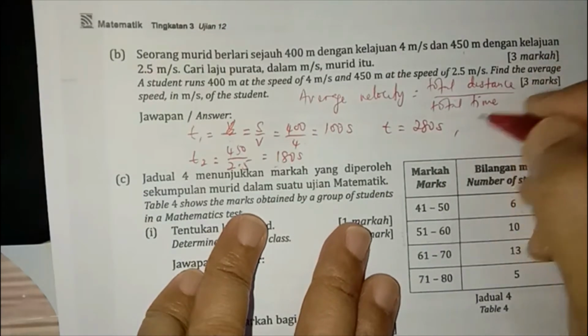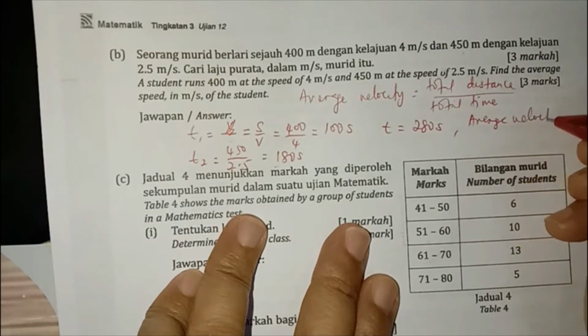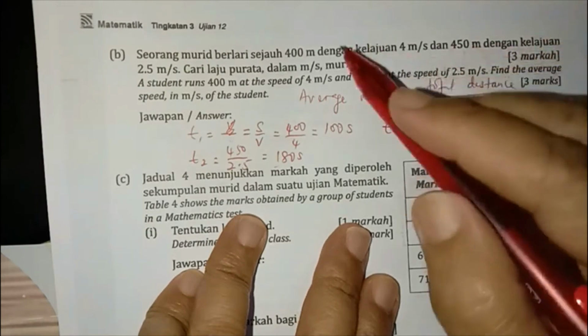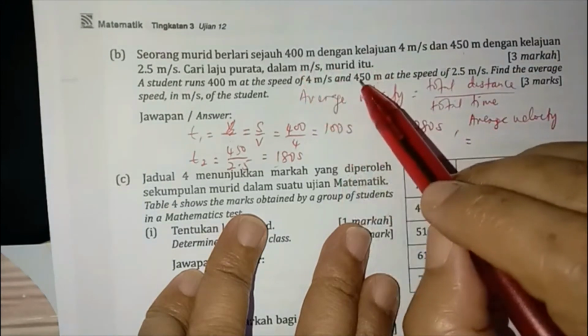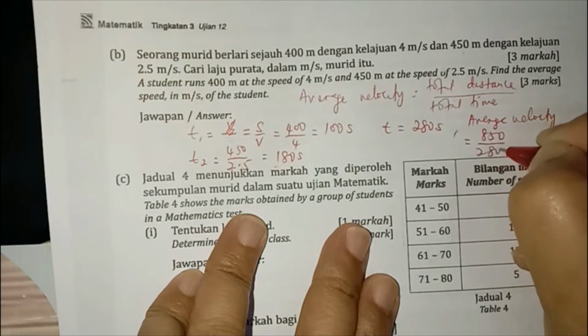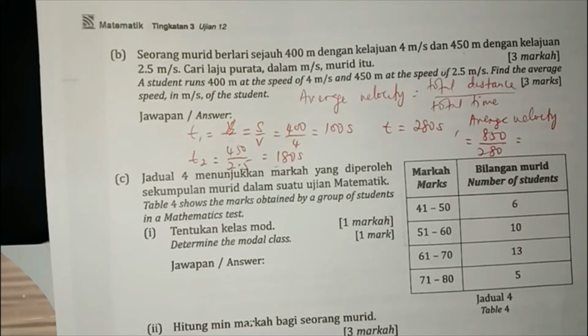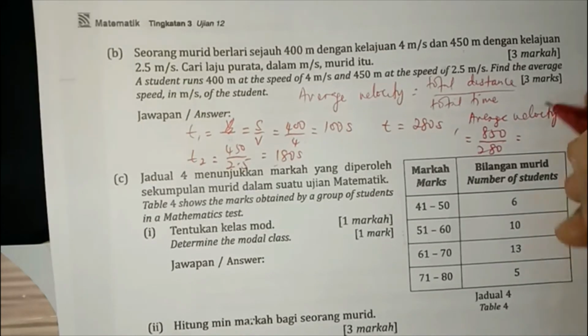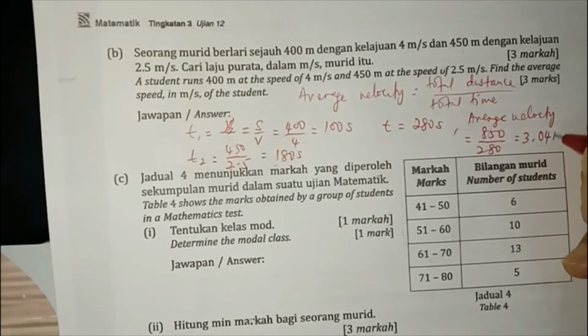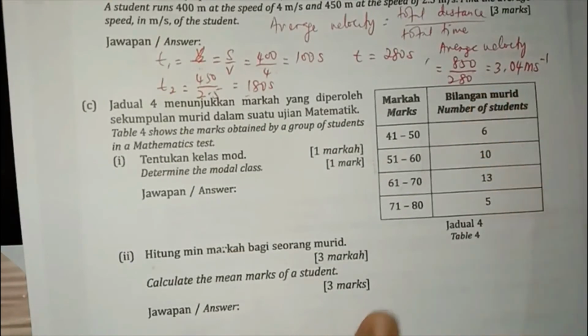Thus average velocity equals to total distance 400 plus 450. So we get is 850 divided by 280. Okay, so we get is 3.04 meter per second. Okay, so that one will be the average speed.